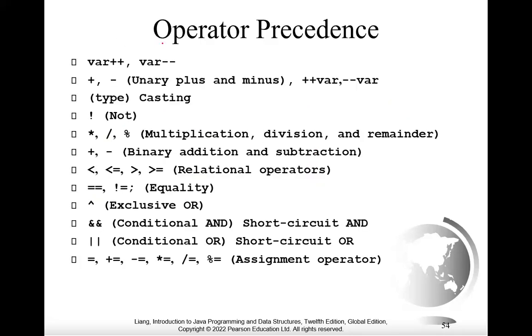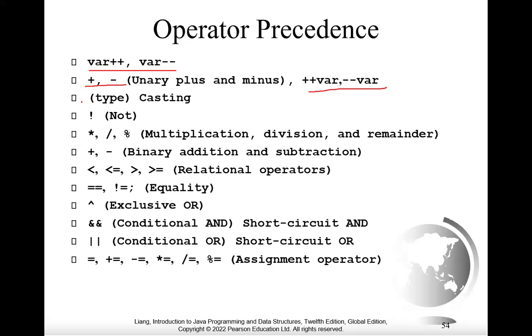Okay, operator precedence in Java. We have the increment operators and decrement operators as highest. Then we have the unary arithmetic operator and the prefix increment and decrement. This is the postfix increment and decrement. The prefix is after the postfix.